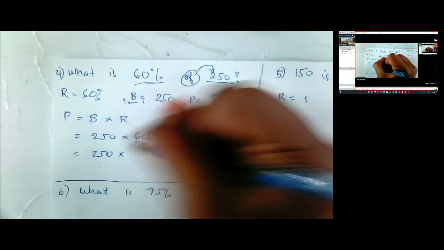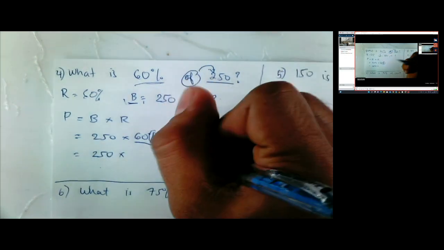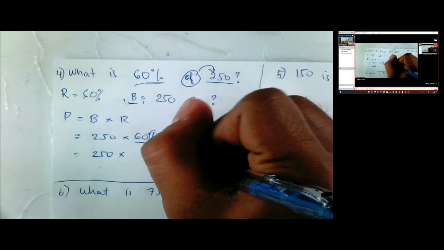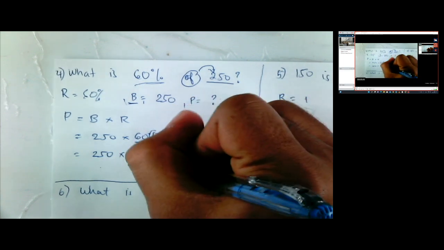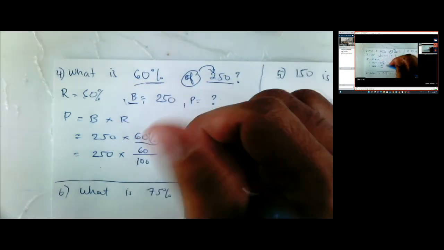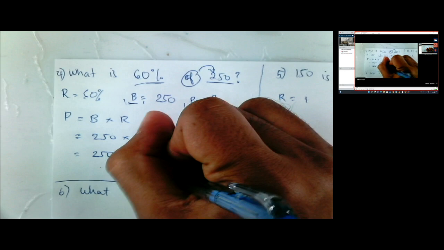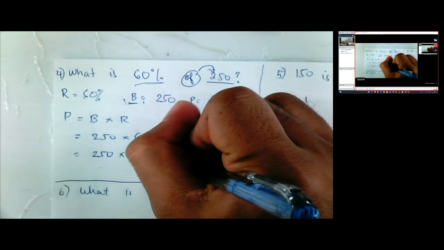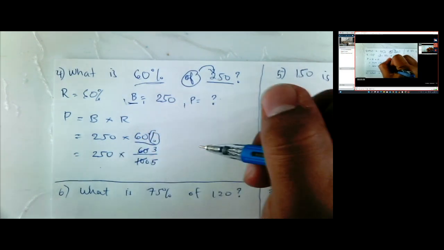So let's convert 60% in fraction. 60% in fraction is 60 over 100, right? And we can simplify now 60 and 100, right? It is divisible by 20, so this will become 3 over 5.